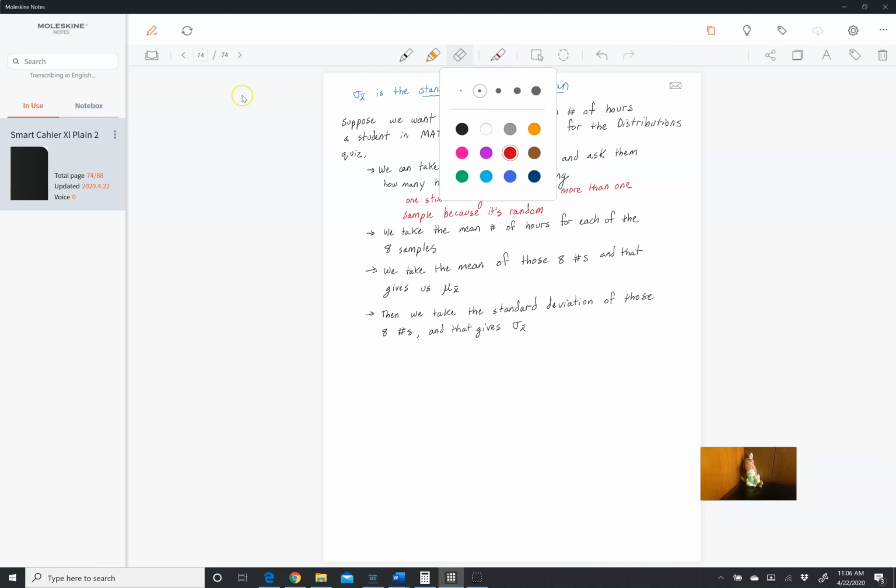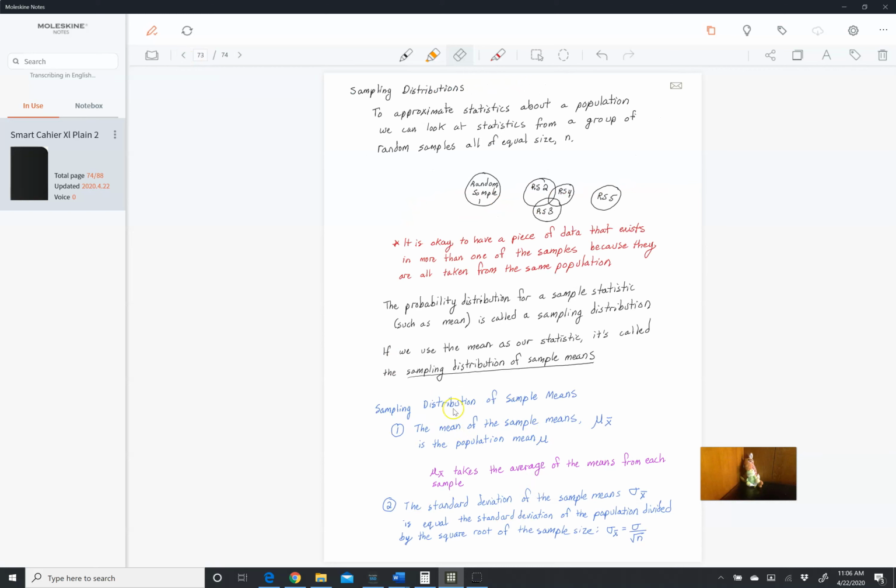Okay, this is the same thing as what we did here. I'm just rewriting it as one quick, here's the formula, here's what it is. This is saying that the mean of those sample means is equal to the population mean.